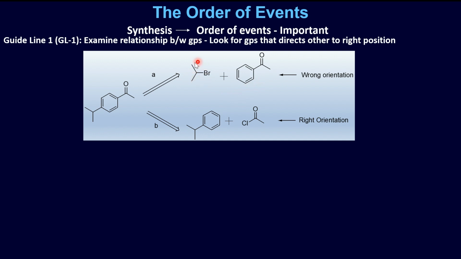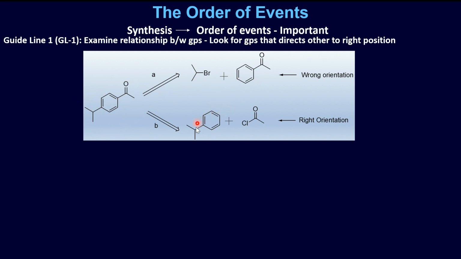When I carry out Friedel-Crafts alkylation, the incoming isopropyl group won't come at the para position, it will sit at the meta position. That's why I cannot take acetophenone and treat it with isopropyl bromide to arrive at para-isopropyl acetophenone.